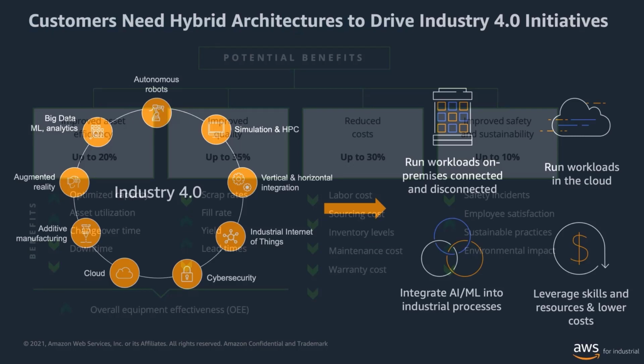When we look at the pillars of Industry 4.0, we look at autonomous robots, simulation capability, big data, augmented reality, additive manufacturing, cloud, cybersecurity, Internet of Things, and vertical and horizontal integration. We feel that there's a lot to happen from a cloud environment.